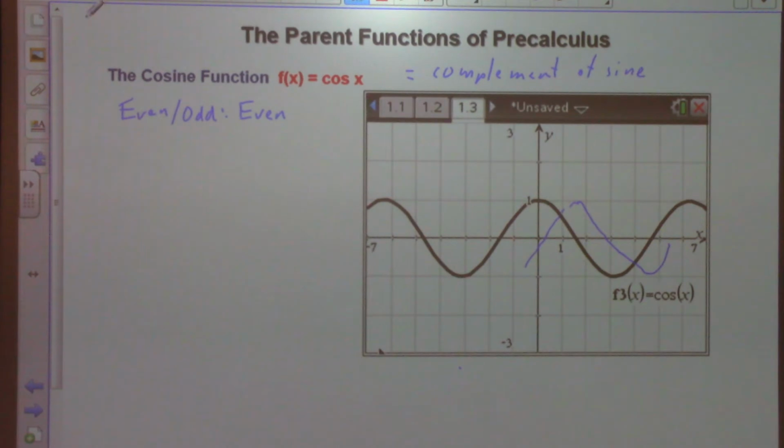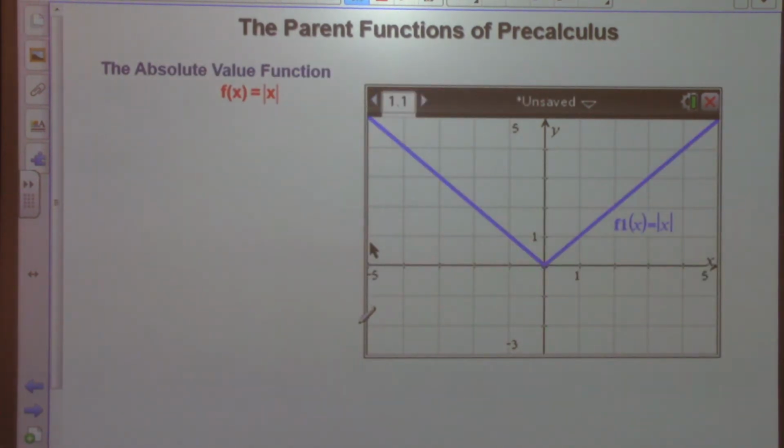Okay, let's go on to this next one here. We have the absolute value function. You remember in Algebra 2 honors we did this one last year? Remember that one? And so is this one going to be odd or even? It's going to be even. What is its domain going to be? All reals.